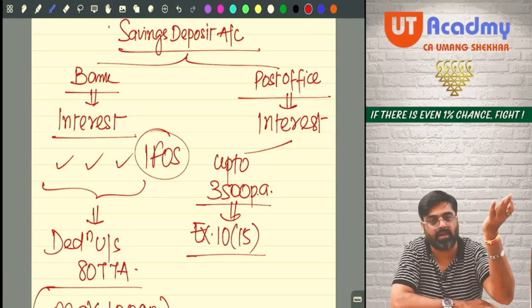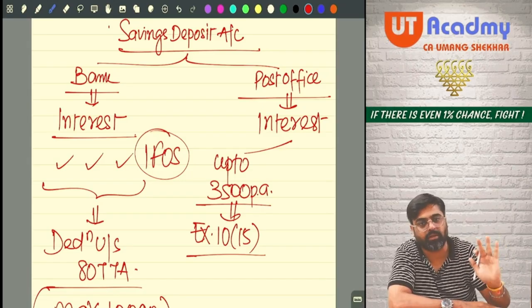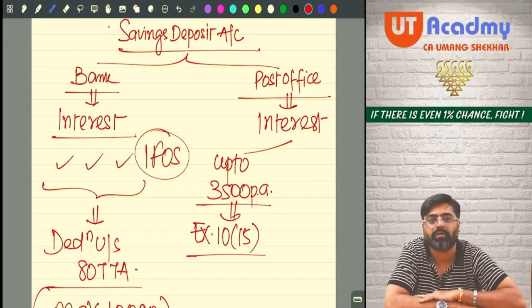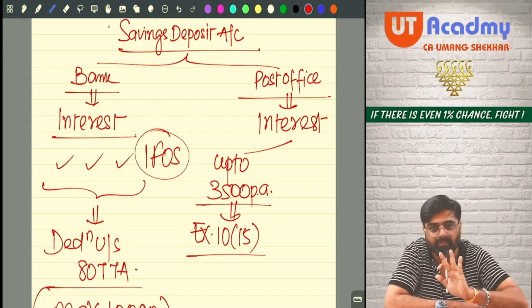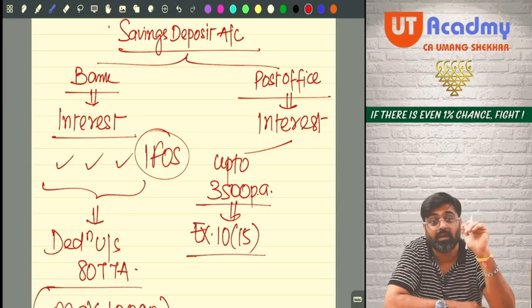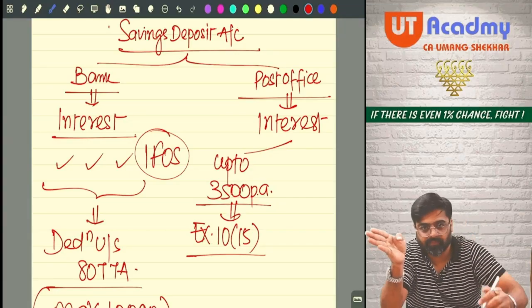Meaning that whatever interest from the post office savings account comes, if that is 3,500 or less, the entire amount is exempt. Nothing will be taxable.